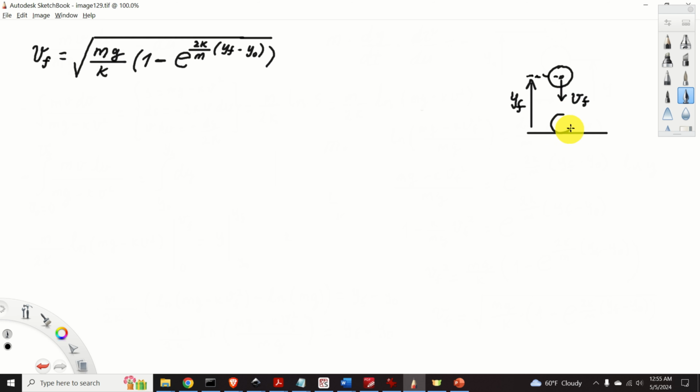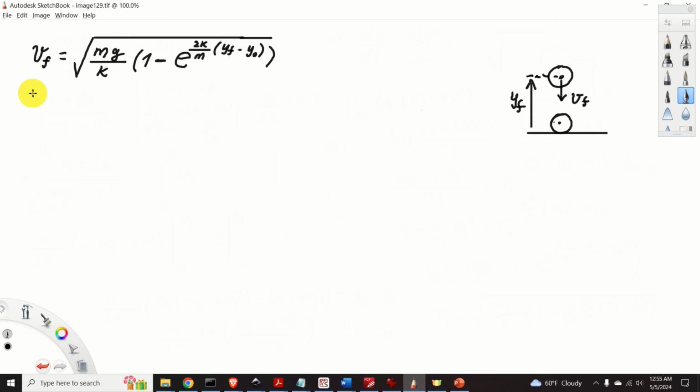That is, we need to determine the velocity just before this point over here. How to do that? Well, to do that, we obviously need to substitute yf for the corresponding value. At the moment the ball hits the ground, yf becomes 0.